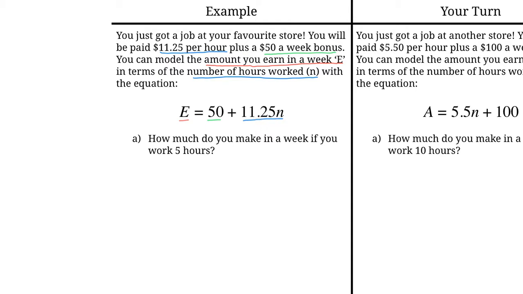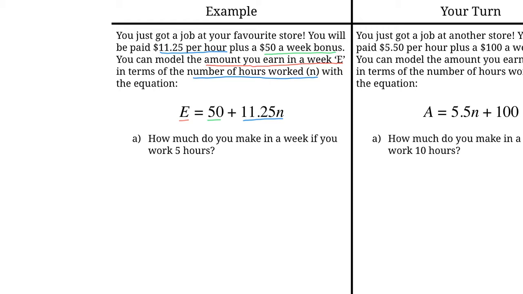In part A, it asks, how much do you make in a week if you work 5 hours? So we're going to use this equation to help us find our answer. I always like to start off with our unknown variables in the equation. We have an E, which represents the amount you earn in a week, and N, which represents the number of hours you work in a week.